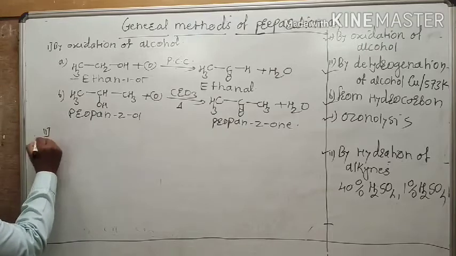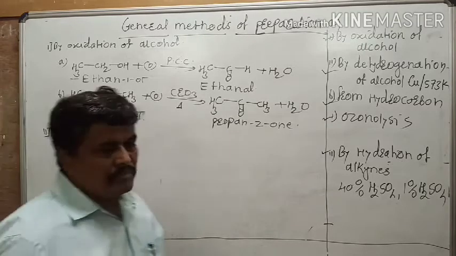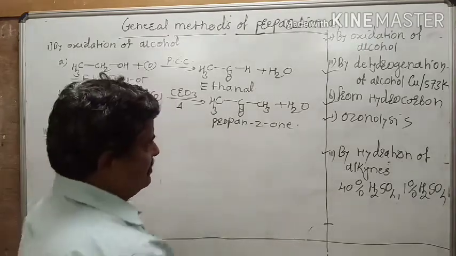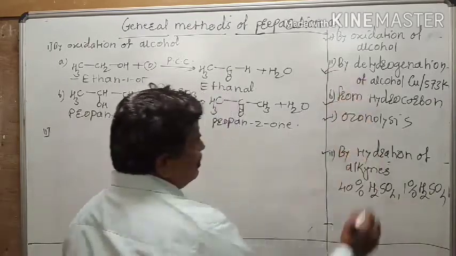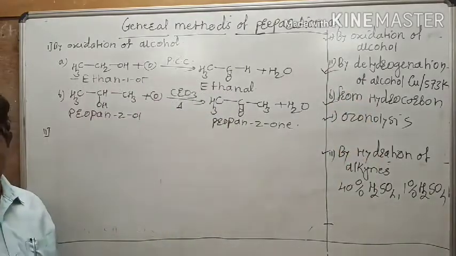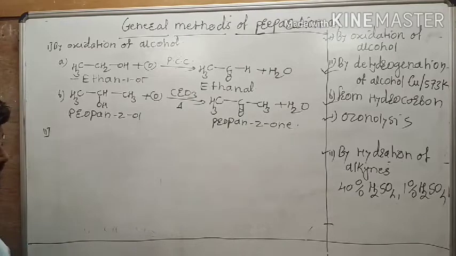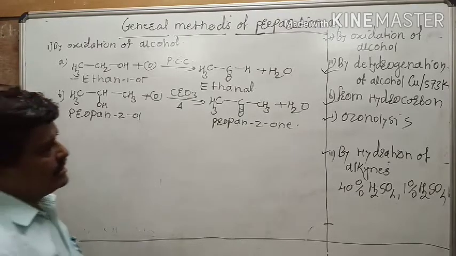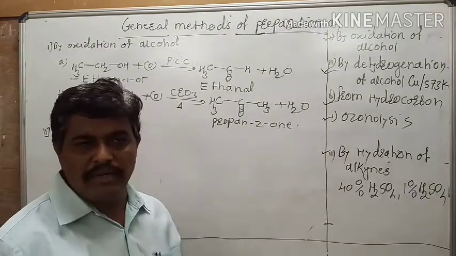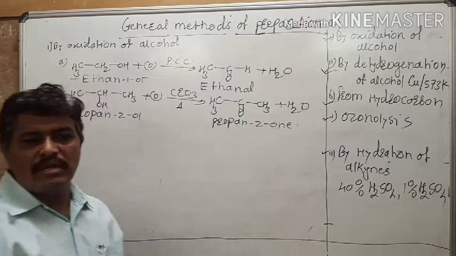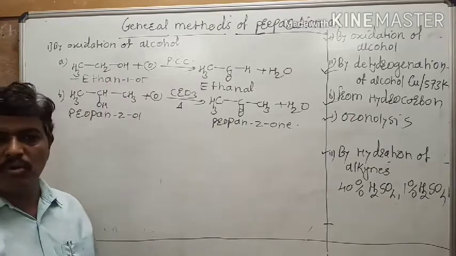Then the next method which you learn in 11th standard is dehydrogenation of alcohol. If we use tertiary alcohol it gives alkene, and therefore we have to consider primary and secondary alcohol only.